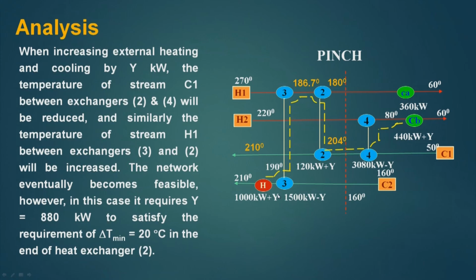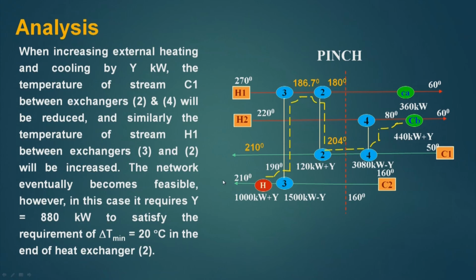capacity of the heater by Y amount, automatically the capacity of this heat exchanger will be decreased by Y amount. But while we are doing so, this temperature remains constant, because I have decreased here, I have increased. So, I have decreased heating here, I have increased the heating of same amount here.